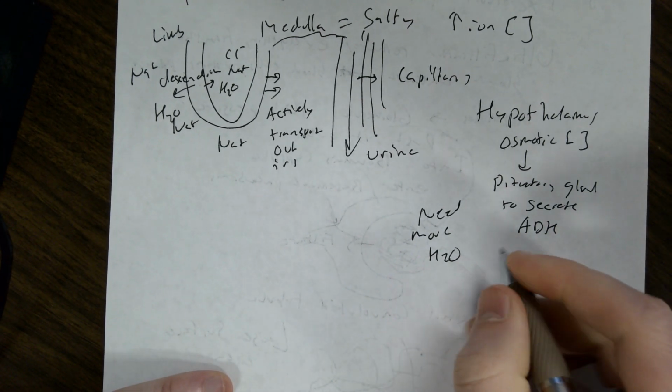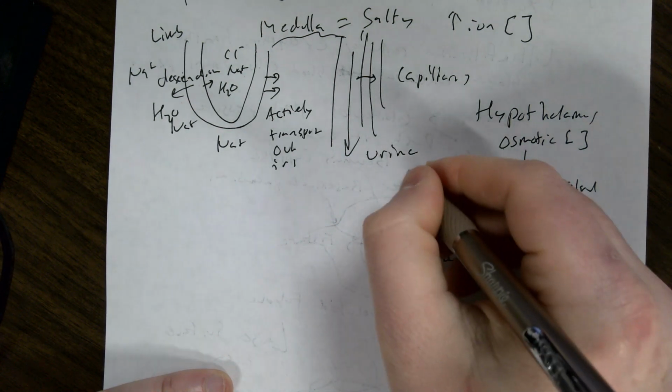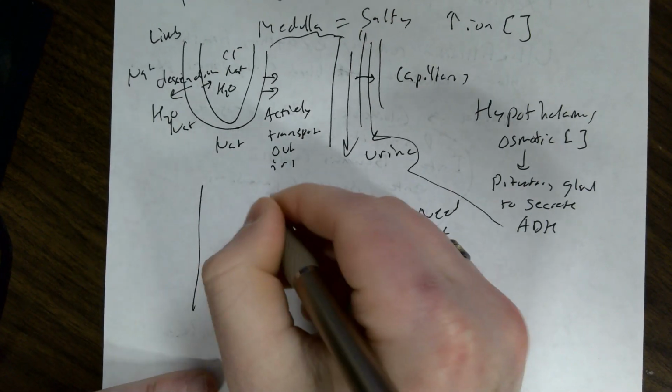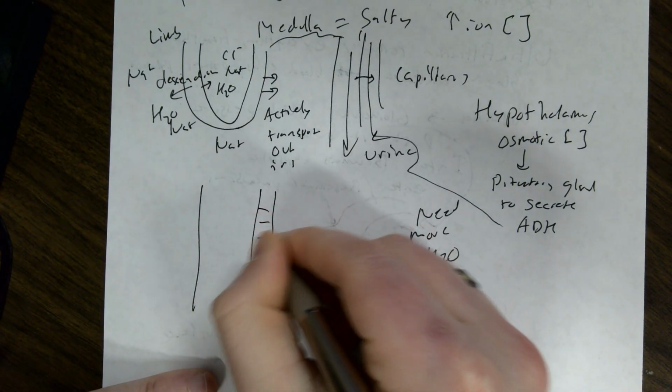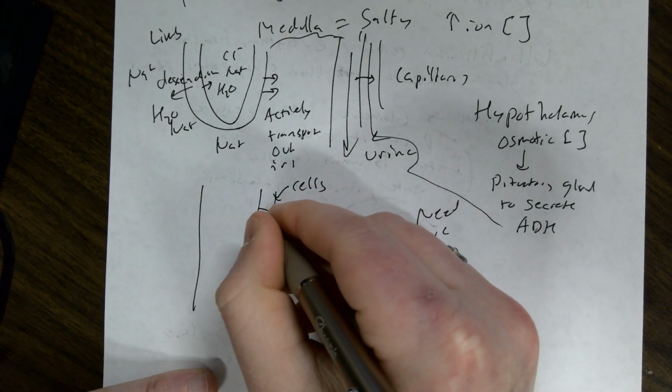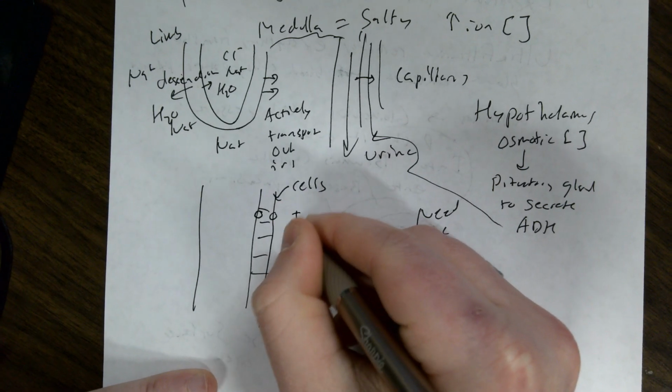Now what does the ADH do? The ADH acts on the collecting duct. If you have the collecting duct like this, you've got your cells right here. It will cause them to insert aquaporins.